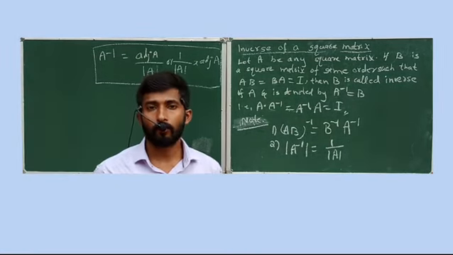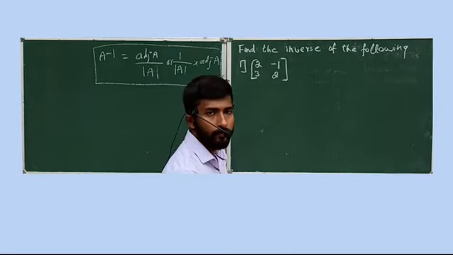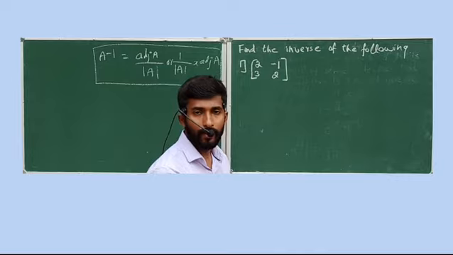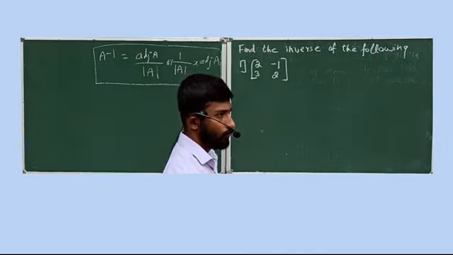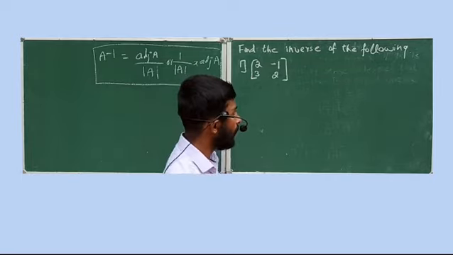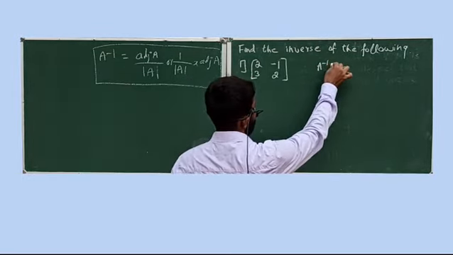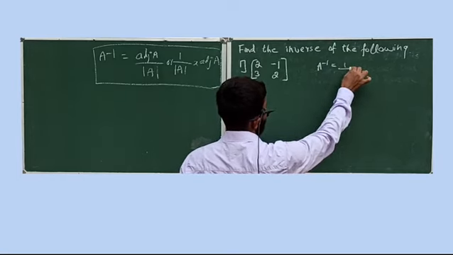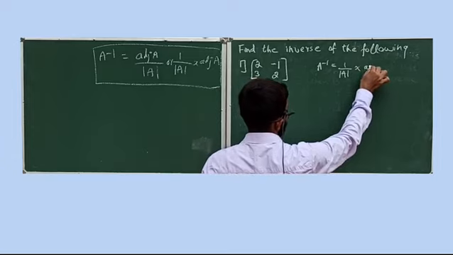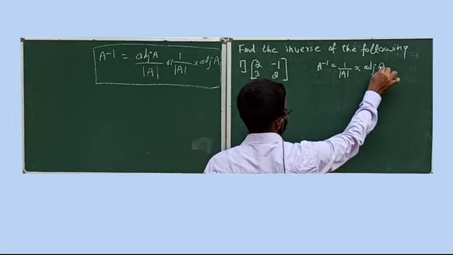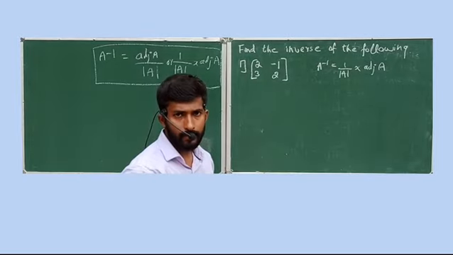Now see some problems related to the inverse of a square matrix. You need to find the inverse of the following square matrices. First question, the matrix 2 minus 1 3 2. Our formula is A inverse is equal to 1 by determinant of A into adjoint of A. First, you need to find the determinant of the given square matrix.